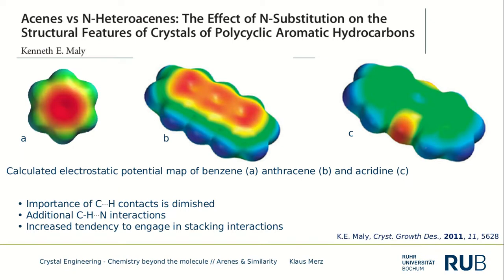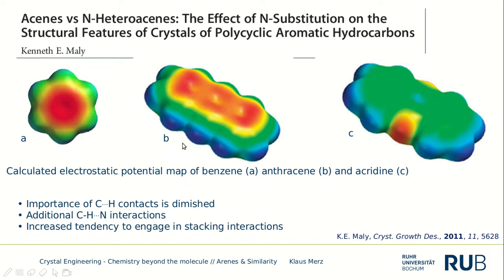There's a very nice contribution, crystal growing design, acenes versus nitrogen heteroacenes: effect of nitrogen substitution on the structural features of crystals of polycyclic aromatic hydrocarbons. You see here a calculated electrostatic potential map of benzene and anthracene, and you see this is very, very similar.